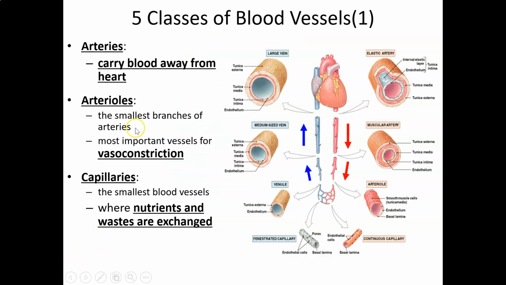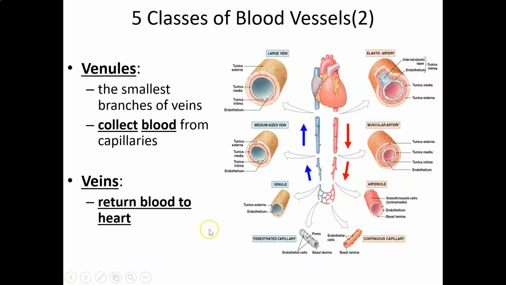Now, again, arteries carry blood away from the heart, and the smallest branches of those arteries are arterioles. These will be more important for vasoconstriction and vasodilation. Capillaries, the smallest of the blood vessels, bigger arteries through here and then smaller arteries down there. Come back to the other side of the venules, the smallest veins, and then veins.